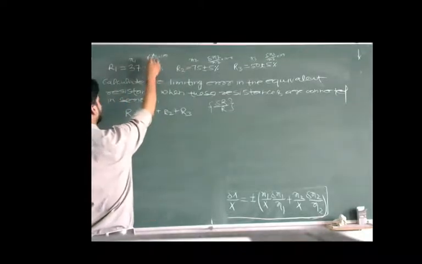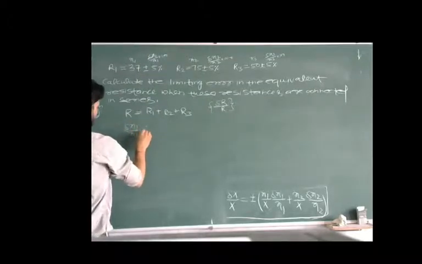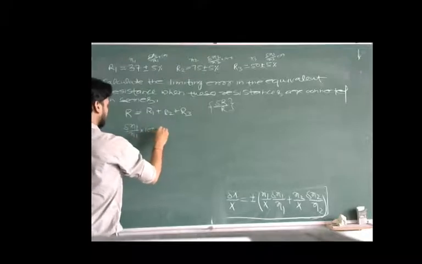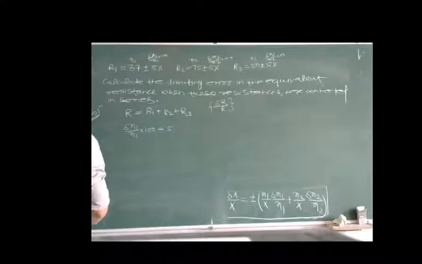From here we can find the value of del x1. Del x1 upon x1 into 100 is equal to 5. It is given.